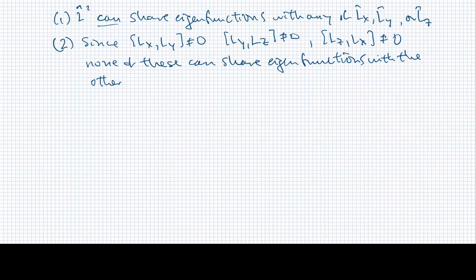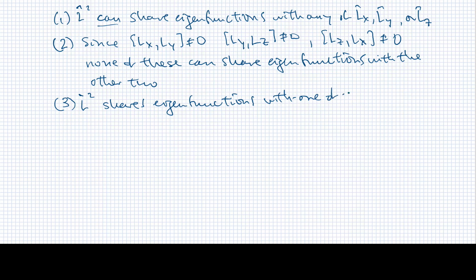So how do we resolve this? Well, the way we resolve it is that we say that L squared shares eigenfunctions with one of the components, but not the other two. And we usually denote the one as Lz. So Lz and L squared share eigenfunctions.